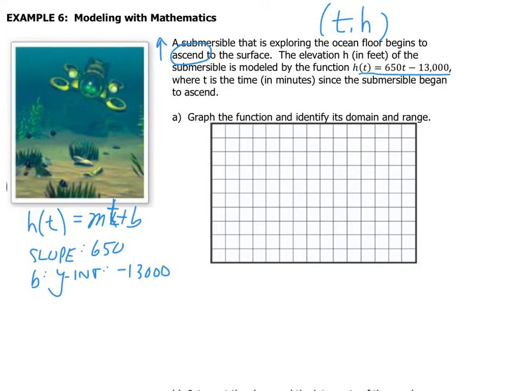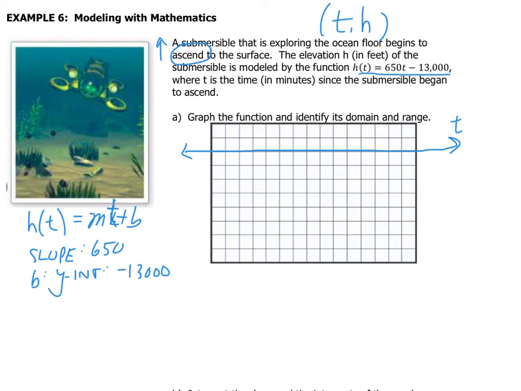So for my graph, let's see if I can do this the easiest way possible. I'm going to draw my x way up top here. Now remember, the x is really not an x-axis in this case. It's really going to be t's.